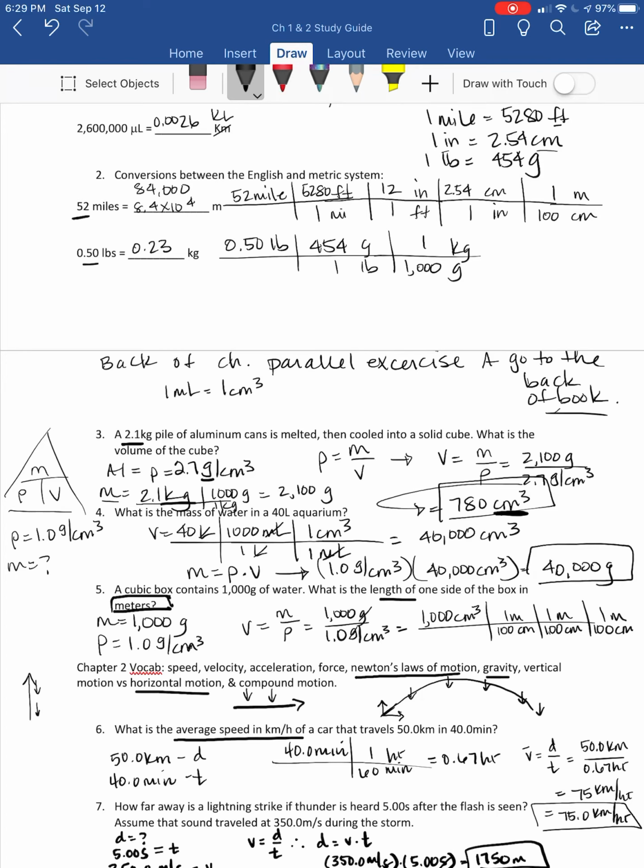Okay, so if you take 1,000 divided by 100, divided by 100, divided by 100. Okay, now that gives me 0.001 meters cubed, but I need to know what it is for just one side of it. So in order to get this to just meters, I have to do the cubed root of it.